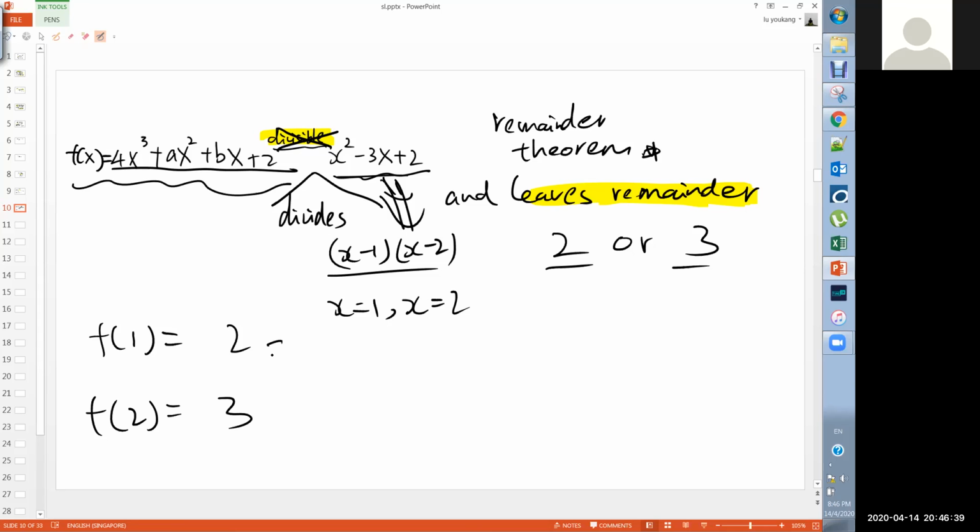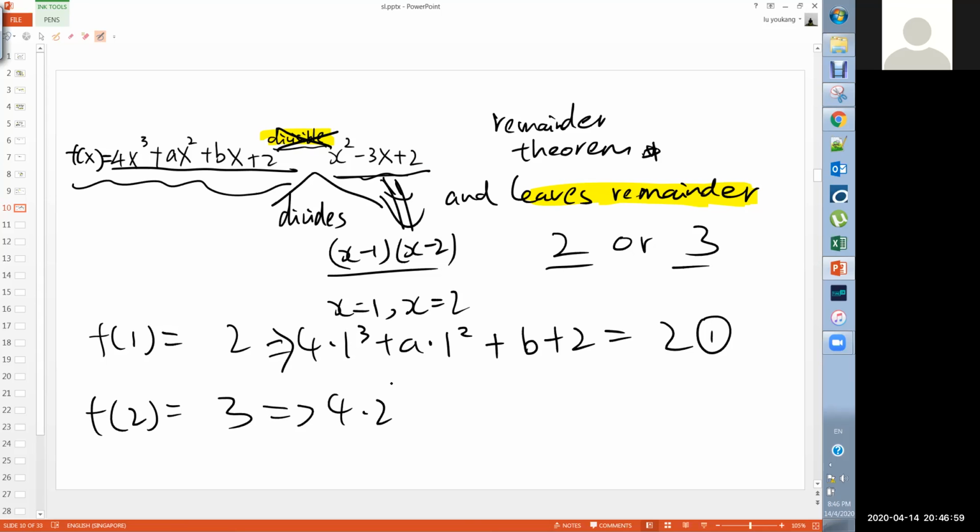So what it means is, let's say you sub the 1 into it, you will get 2. So this is your equation 1. And then this one, you sub 2 into it.